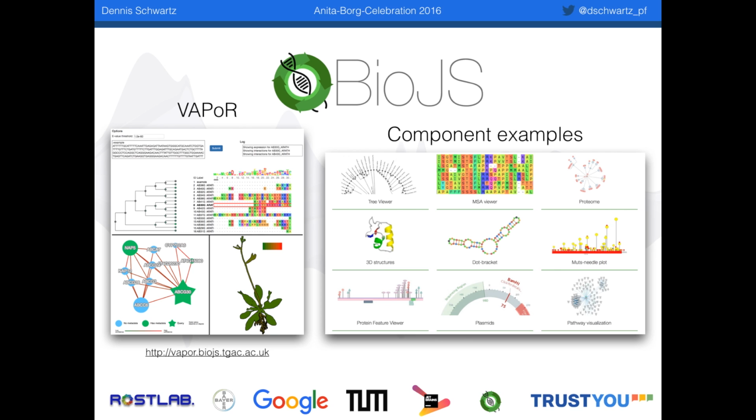And on the left you see an example that was built by a former TUM student who just recently did this as his master's thesis at the Rost lab. It's called Vapor, and you can check it out on this address. What he did was he created an application that lets you put in any gene sequence from a plant, and it will look for similar genes in Arabidopsis, that's the one down here, which is a very well-studied plant model organism.